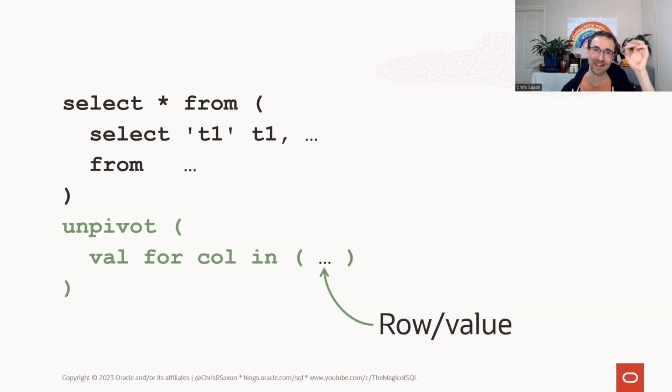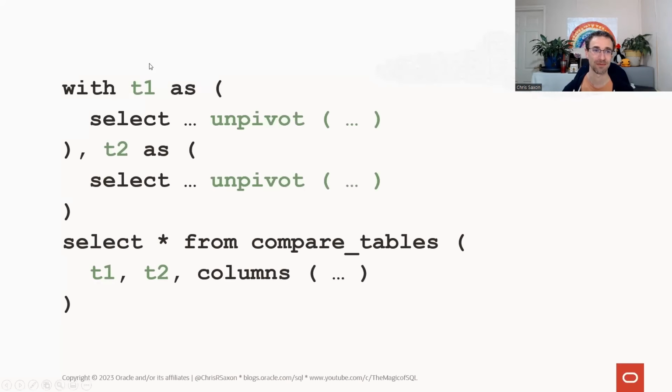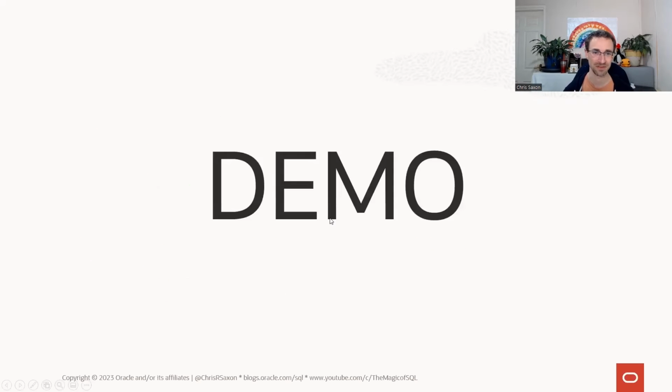So we unpivot each table first and then do the comparison. And then this only shows us the different values on a column level from each table, which again could be quite useful in some cases when you just want to know exactly what specifically is different. Tables with lots of columns on them.